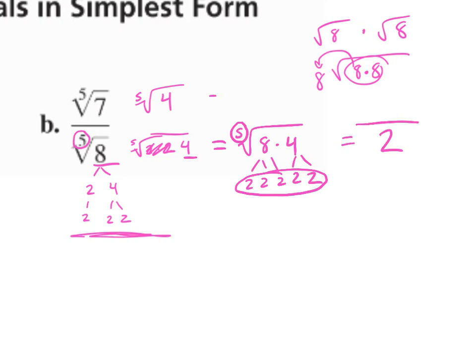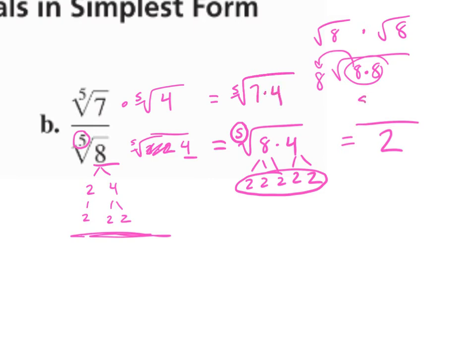Now we need to simplify our numerator. How can we simplify the 5th root of 7 times the 5th root of 4? Right, we can combine them under the same radical. So we have the 5th root of 7 times 4.